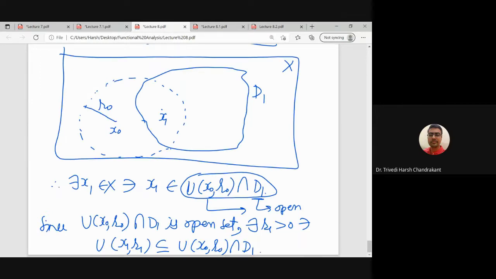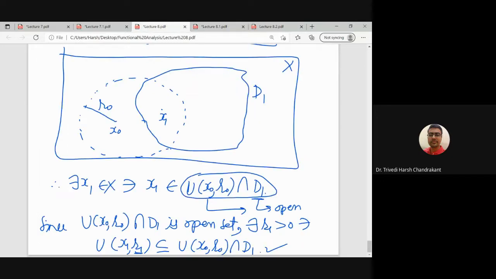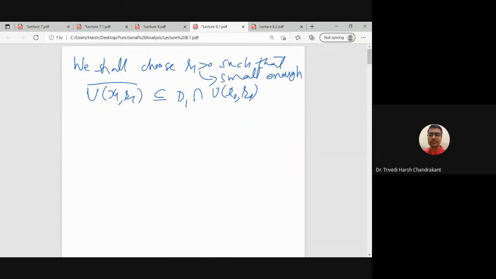Here we are saying this disk is contained because it is open, but we shall choose R1 small enough. If you want, we can take this radius as half of what we are getting, small enough so that this holds.